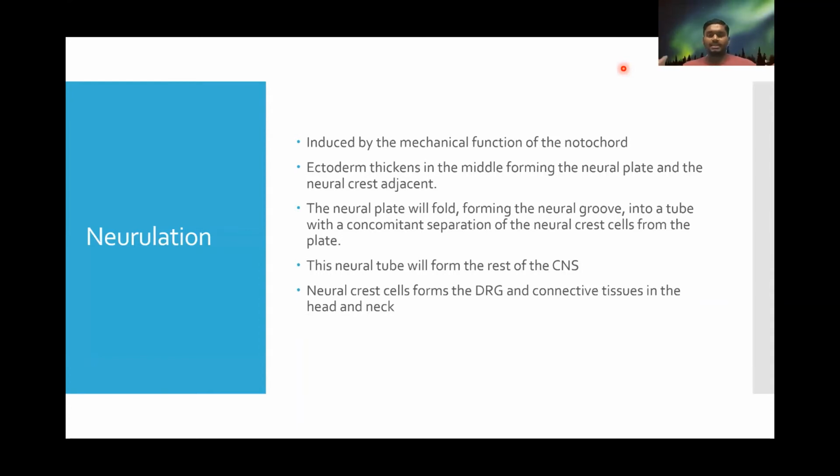And then like I said, the neural crest cells will separate from the neural plate before the tube is formed. Now this neural tube will go on to form the rest of the CNS. And the neural crest cells will form the DRG, the dorsal root ganglion, which is important for sensory and afferent information, as well as connective tissues in the head and neck.